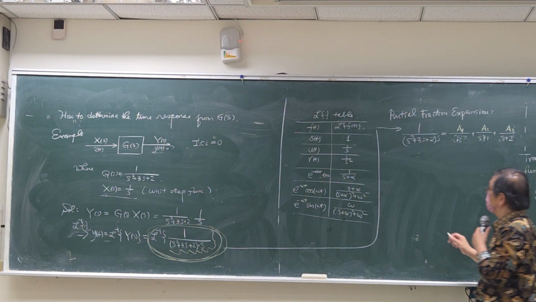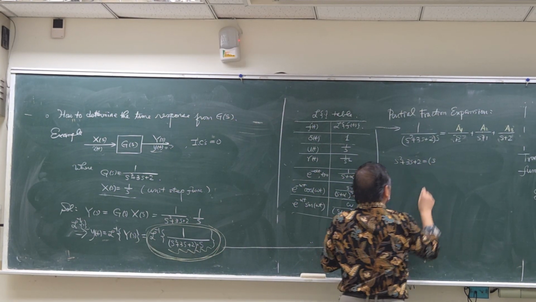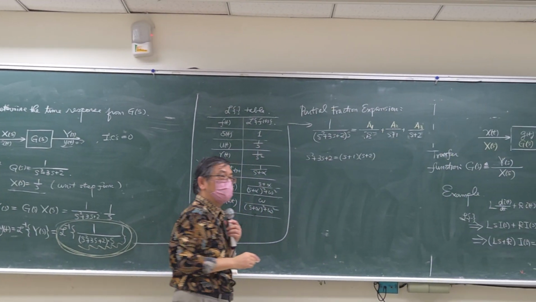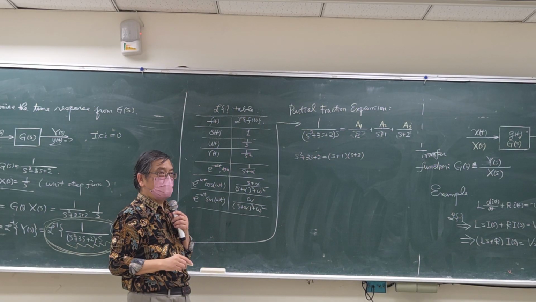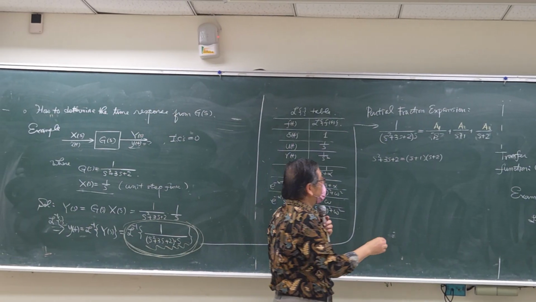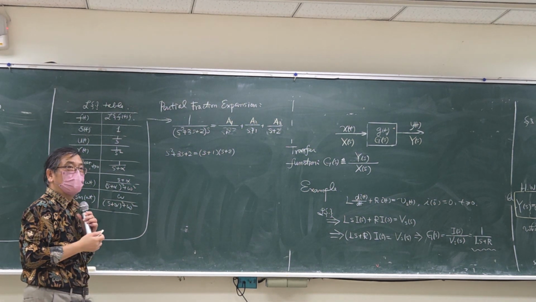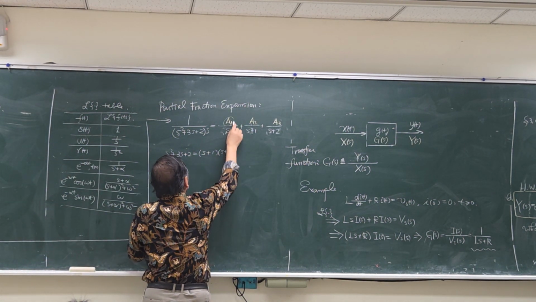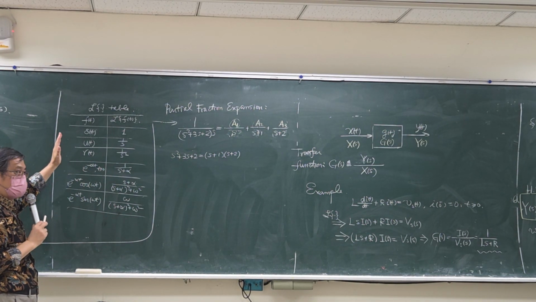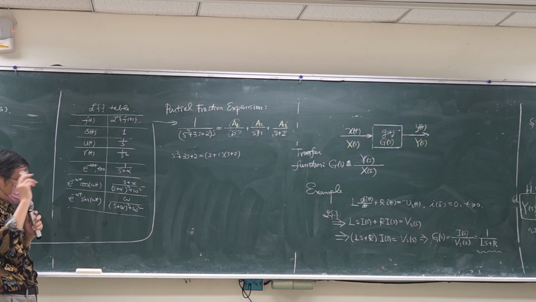Why? Because S squared plus 3S plus 2 is equal to S plus 1 times S plus 2. So I can rewrite the transfer function on the left-hand side as the sum of three smaller systems. Now if I can find the coefficients A1, A2, and A3, then I will be able to find the corresponding time response from the table.